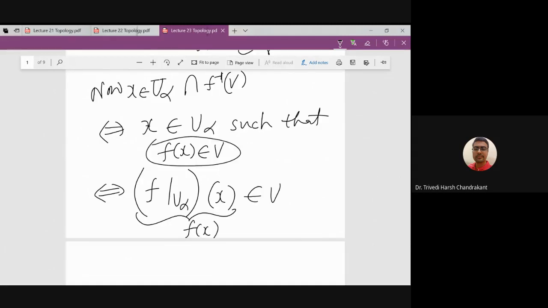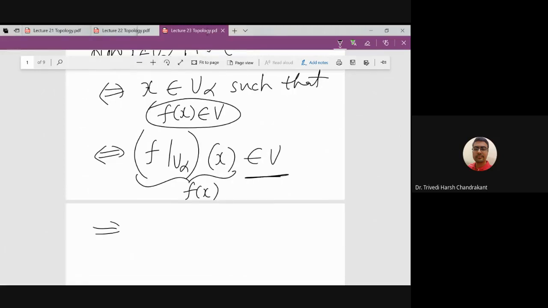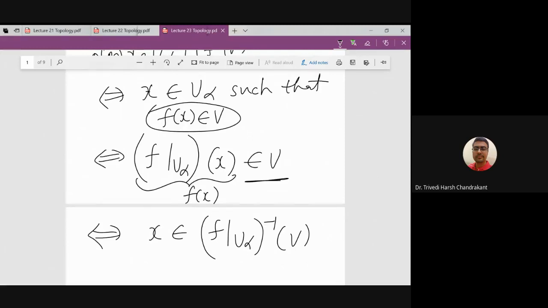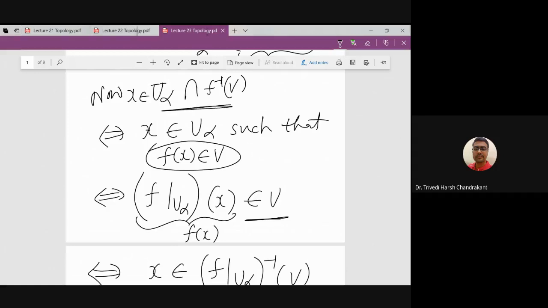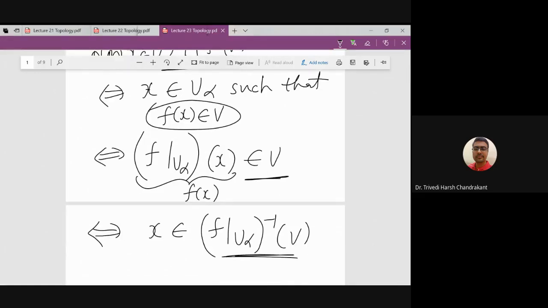So that is this condition, Fx belongs to V. Combining these two, these two statements are the same, and this is nothing but saying that X is in the inverse image of V under the restriction map. So what we have observed is that this set and these sets are the same.